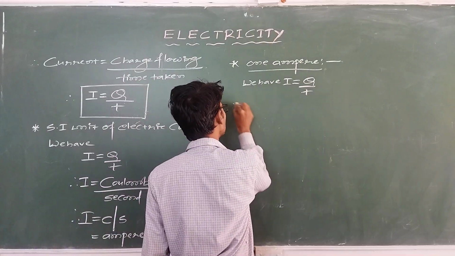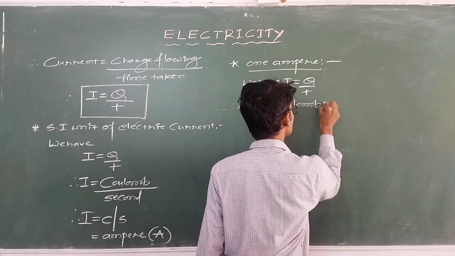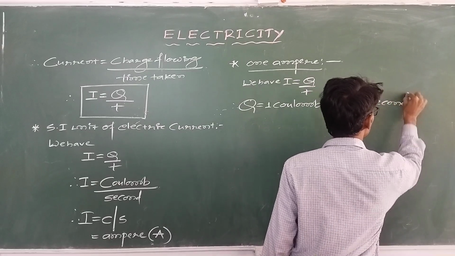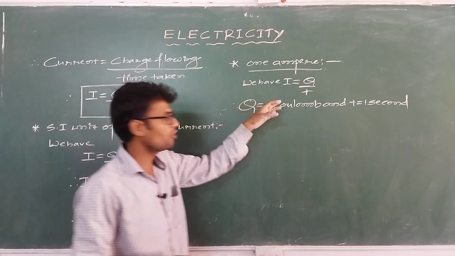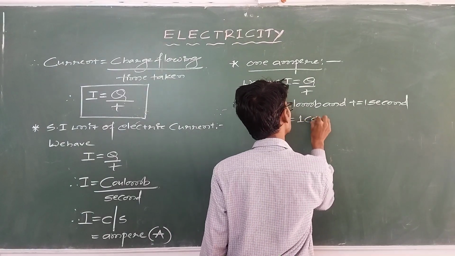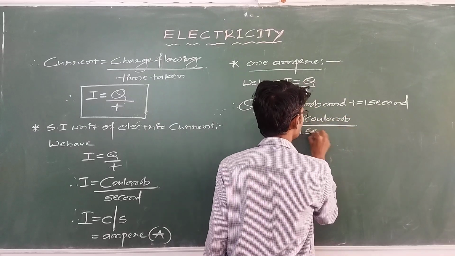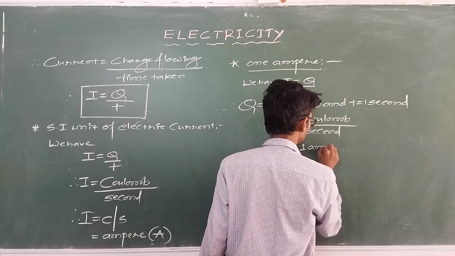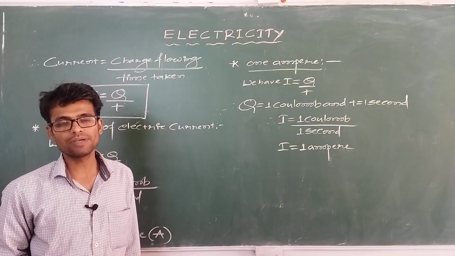Hence I will take the value of Q equal to 1 coulomb and T equal to 1 second in the formula I equal to Q by T. Therefore you will get I equal to 1 coulomb divided by 1 second, which is nothing but 1 ampere.